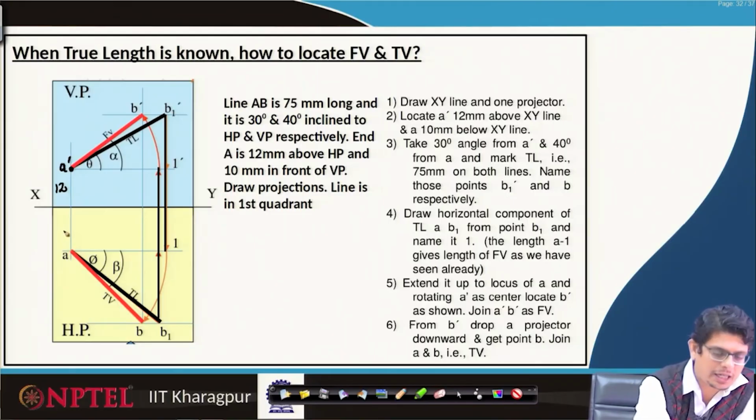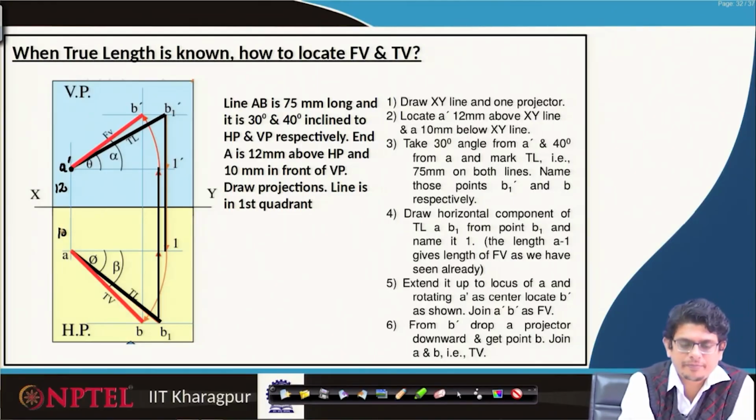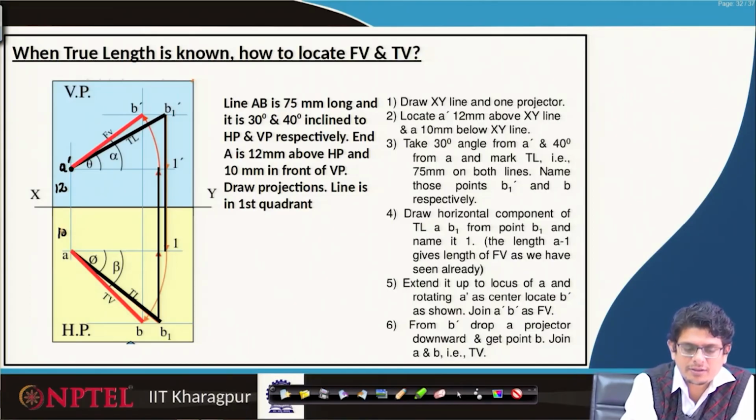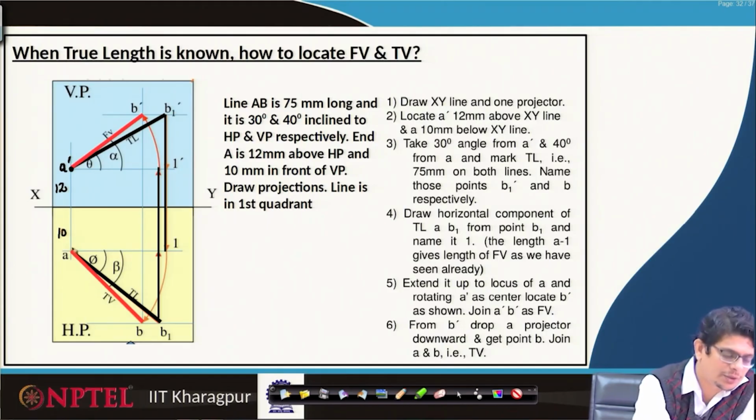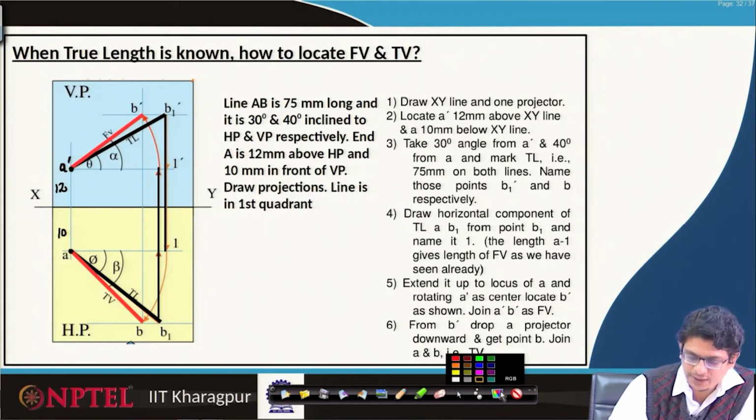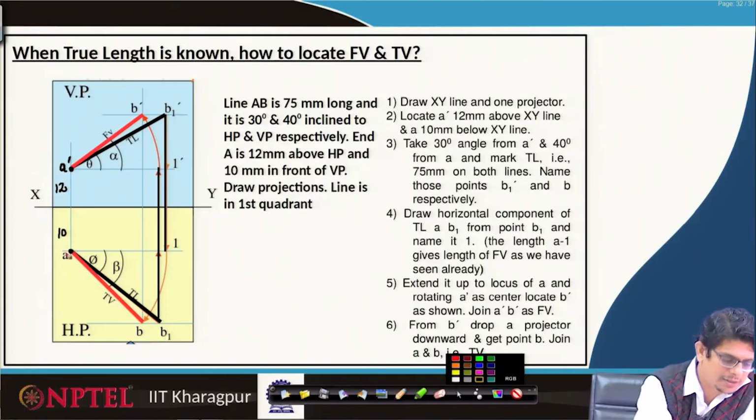So, below that will be 10 mm, because that is the direction in front of VP which we are going to rotate it. So, we have located this A also. Let us use some other color, magenta. We know A, we know A prime.